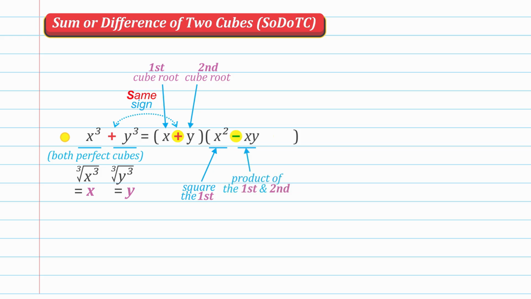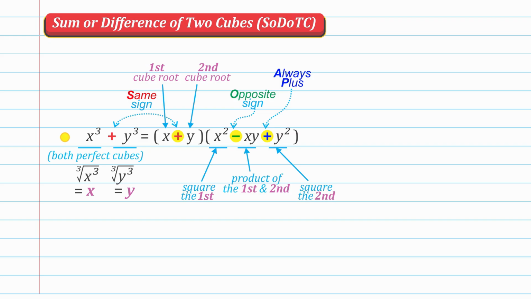The middle term, negative xy, is the product of the two cube roots. The sign of this term is the opposite of the sign of the original expression. The last term, y squared, is the square of the second cube root. The sign of this term is always positive.